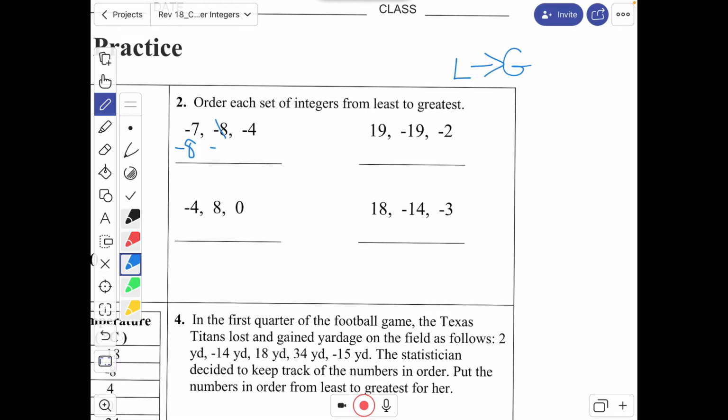And then a little bit bigger would be -7. And the biggest in that set would be -4. Underneath that, we have -4, 8, and 0. Well, the least is always going to be the negative, and 0. And then 8 is much bigger.